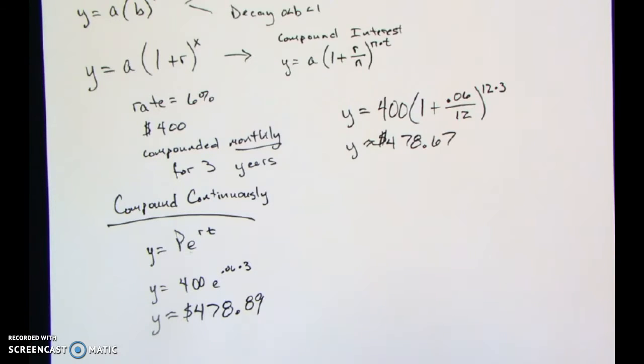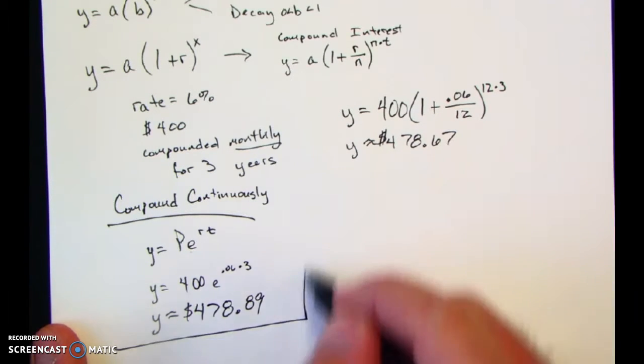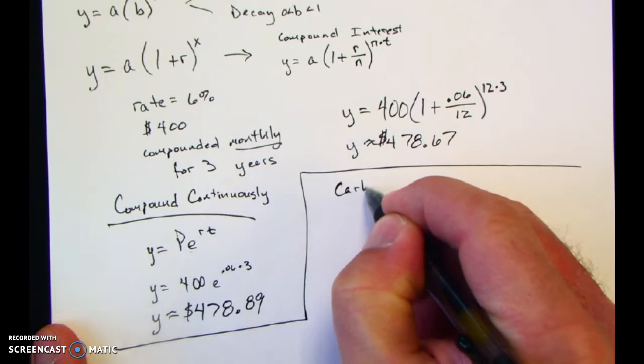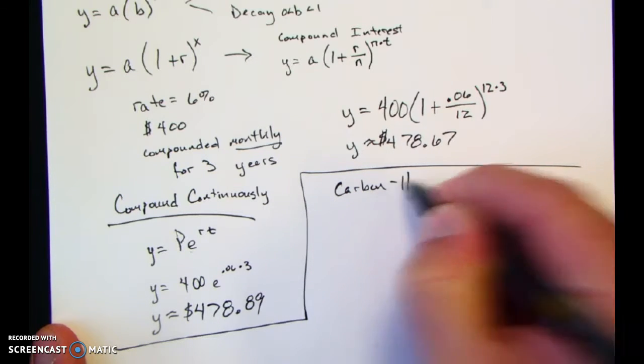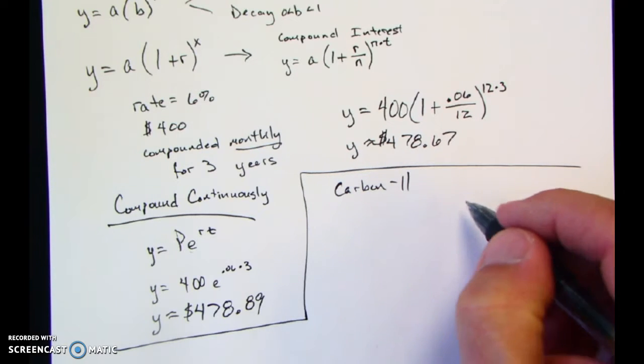Now, other ways where we'll see exponential growth and decay, carbon. Carbon-11 decays. Make a new problem here. Decays at 3.5% per minute.